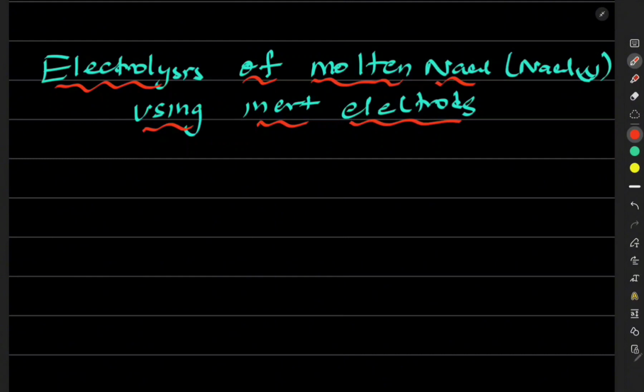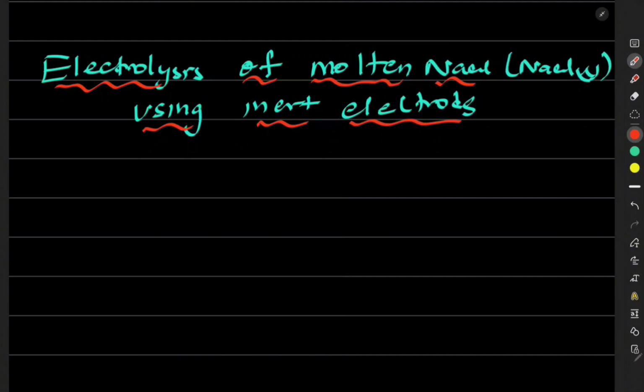When the temperature is raised beyond the melting point, molten sodium chloride is produced, and it contains Na⁺ ions and Cl⁻ ions.